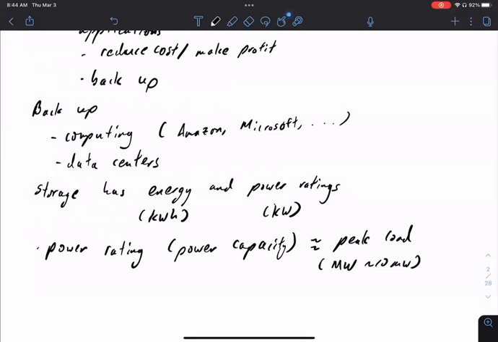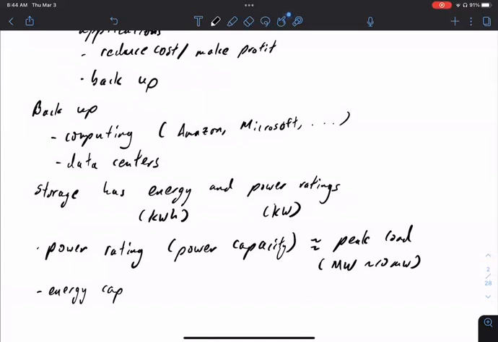So you buy a huge battery, at least a battery with a huge power capacity. What about energy capacity? Energy capacity means how much energy I have. I have a very large power capability, but that doesn't mean I need to store a lot of energy. I can have a huge power capacity with very little energy.